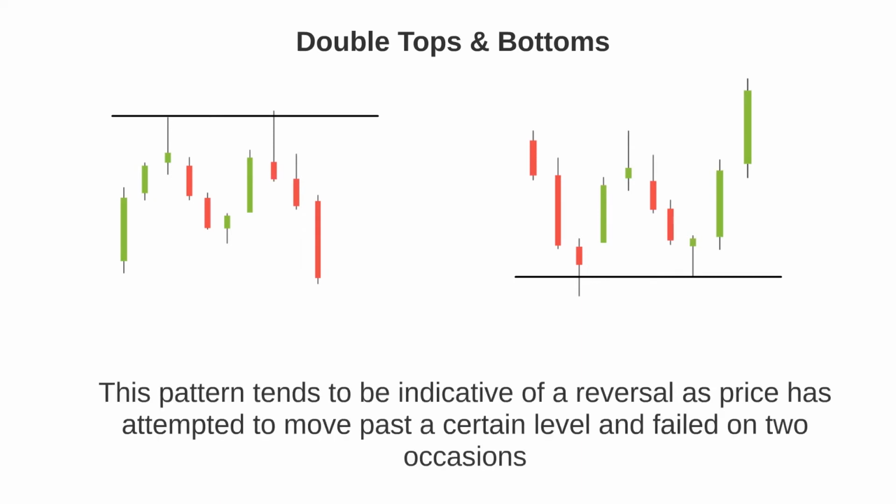These patterns tend to be indicative of a reversal, as price has attempted to move past a certain price level and failed on 2 attempts. This can show that the buyers or sellers, depending on whether it's a double top or bottom, are starting to outnumber their opposition at this level, and so the price may be due for some sort of reversal.